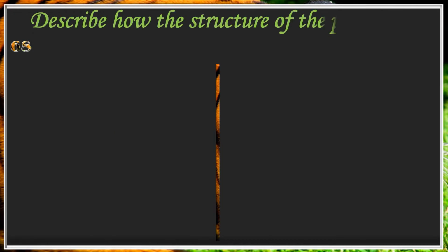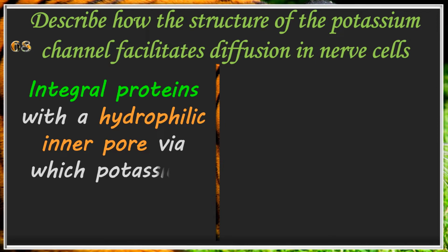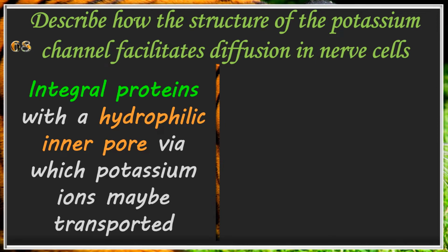Describe how the structure of the potassium channel facilitates the diffusion in nerve cells. Integral proteins with a hydrophilic inner pore via which potassium ions may be transported.